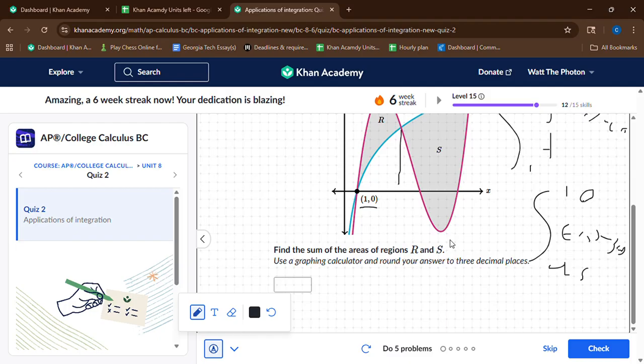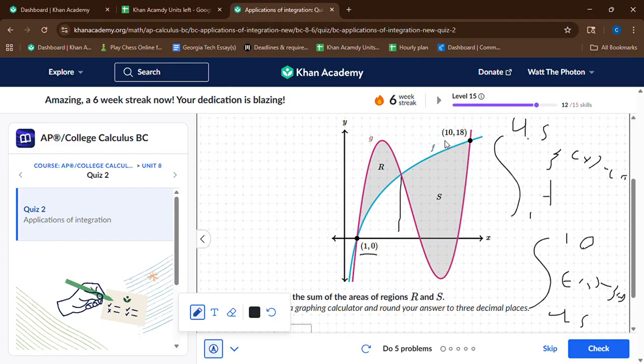And then I take the next integral, from 4.506165 to 10.